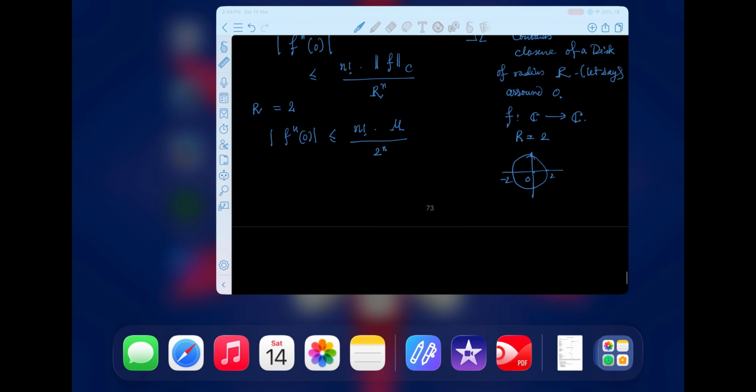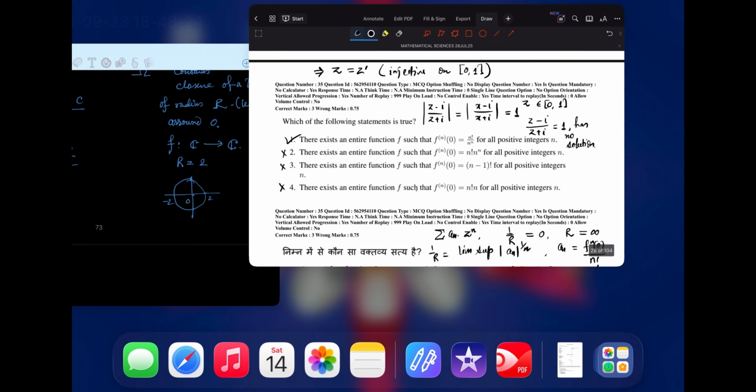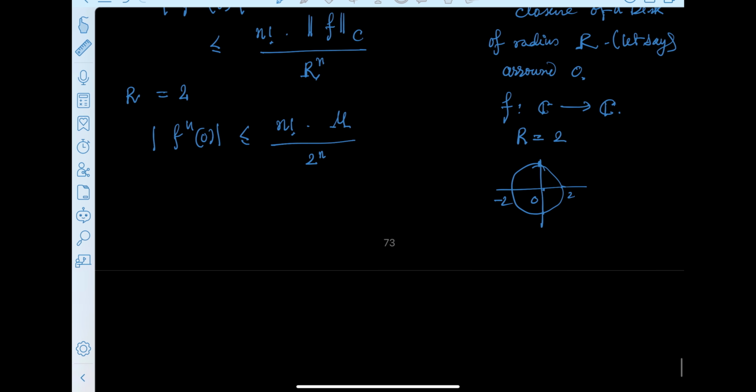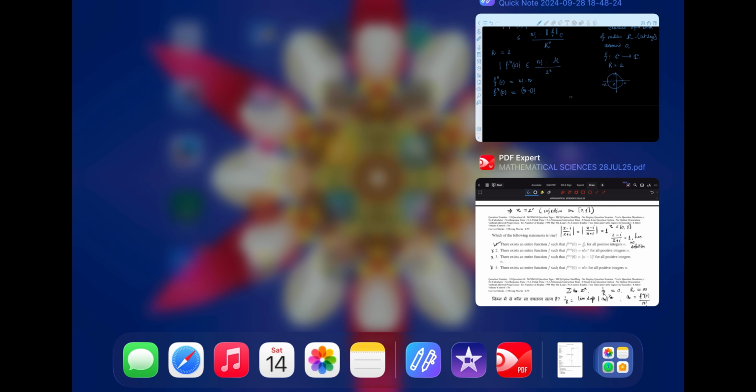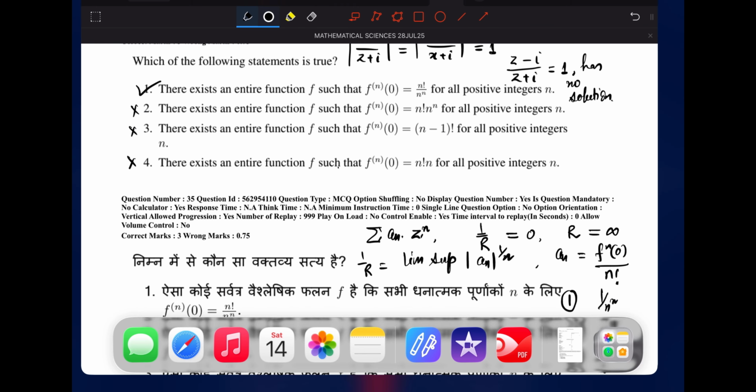Now what the options are saying: if f^(n)(0) is n factorial times n, if it is (n minus 1) factorial, and the last option, n factorial times n to the power n.